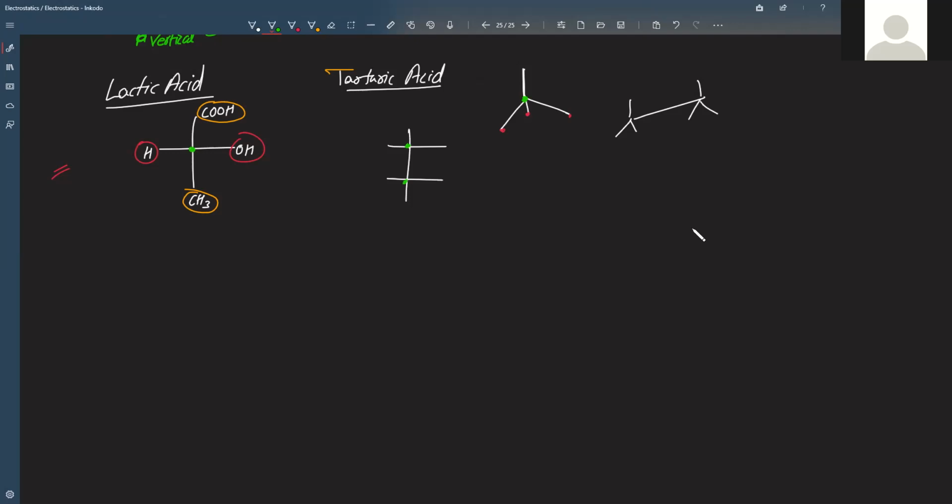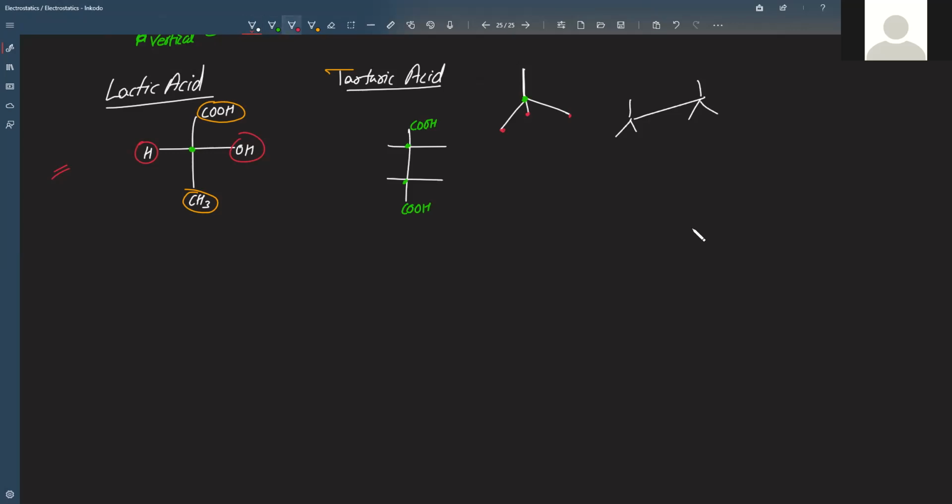And then again, whatever you want to show on the top will be shown on the horizontal line, and whatever you want to show on the back will be shown on the vertical line. So suppose we show COOH and COOH here, that means we want to say that COOH is at the back. So if I draw this, it will be like this. And then what do we have?